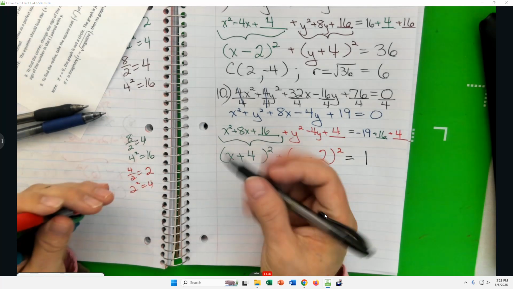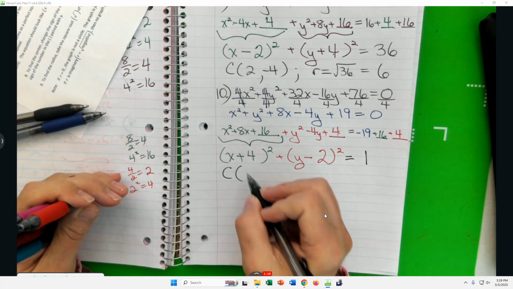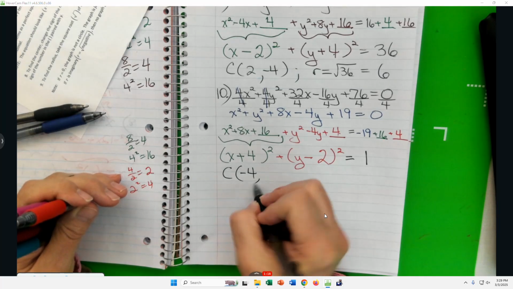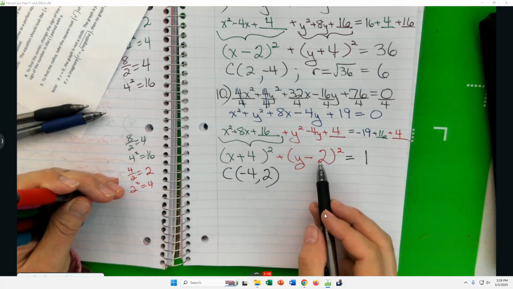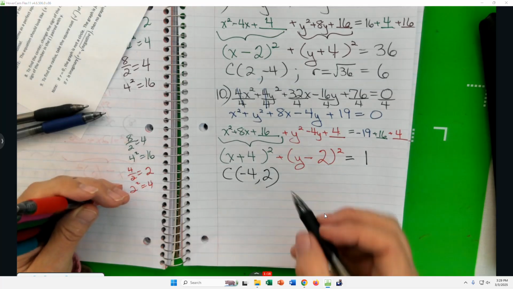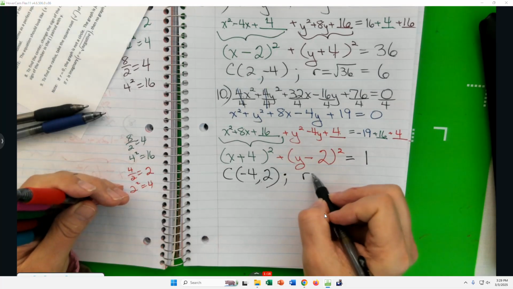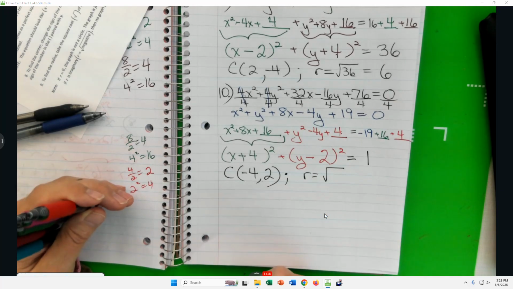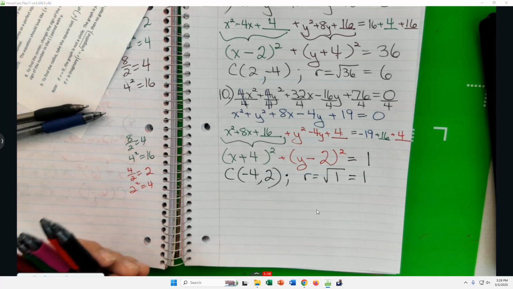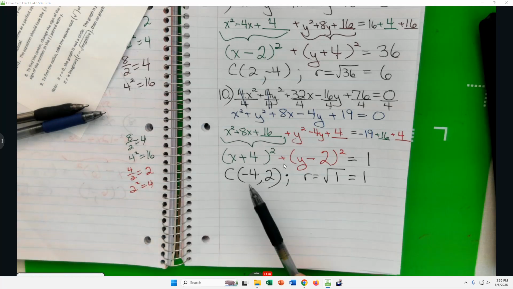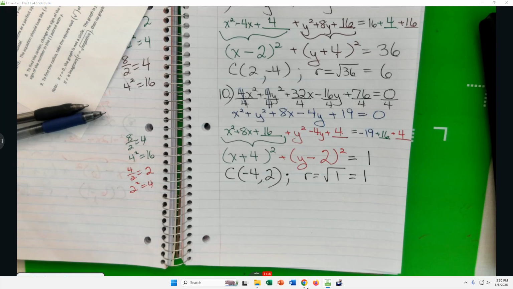What's the center of the circle? Negative 4, comma 2. Okay, remember, change sign to get the center. To find the radius, you take the square root of 1, which is just 1. So we're looking at a circle centered at negative 4, 2, with a radius of 1.